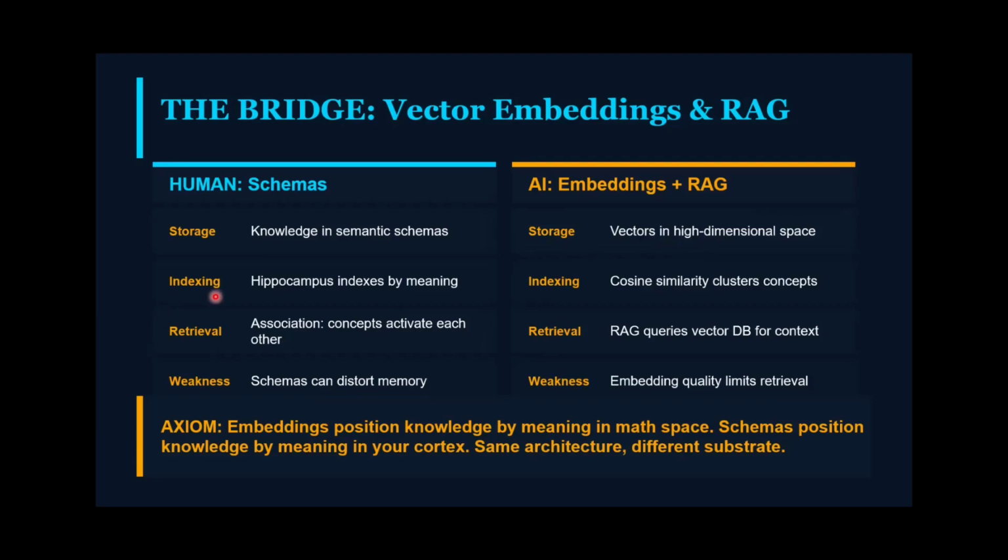Now, the indexing is handled by the hippocampus. It indexes by meaning. Essentially, it categorizes relevant terms, or it provides context for us. In AI, we have indexing through a multitude of ways, but one of them is cosine similarity clusters, which are essentially ways to group similar concepts together, right?